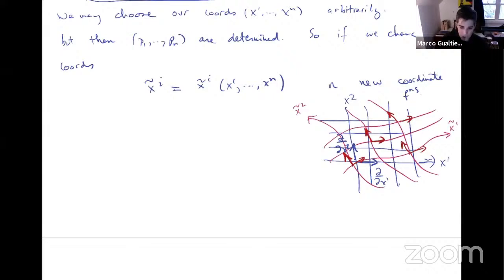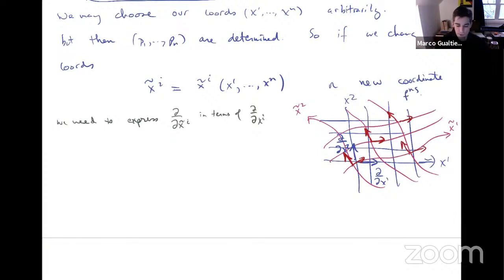So in principle, we need to express d by d x tilde i, the new basis vector, in terms of d by d x i.